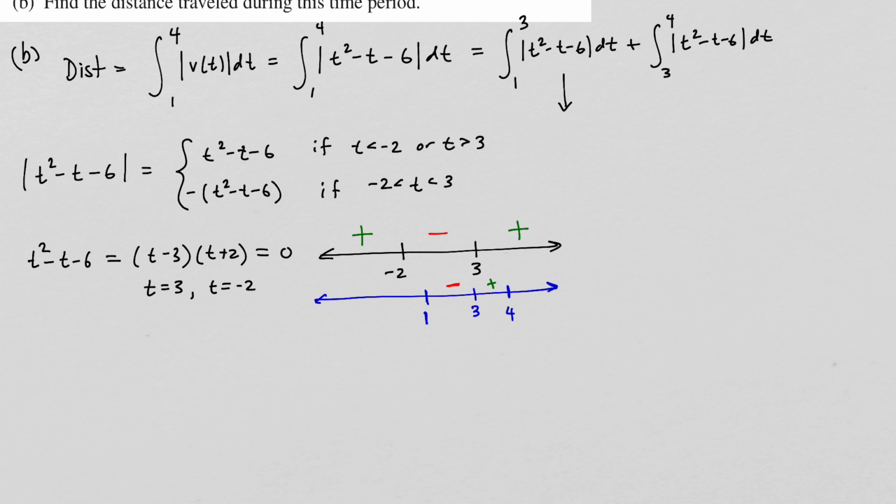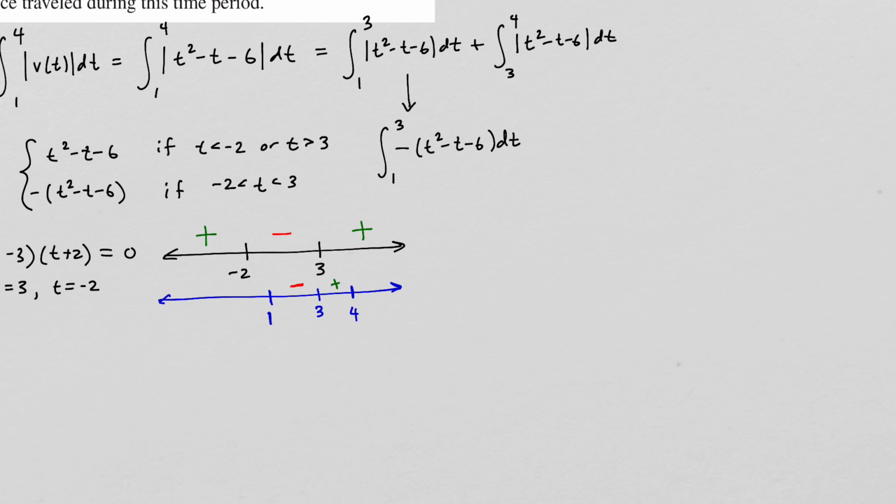So this integral becomes the integral from 1 to 3 of negative quantity t squared minus t minus 6 dt. Plus, from 3 to 4, the function is already positive, and so when we remove the absolute value, there's no negative that needs to go in front of it.